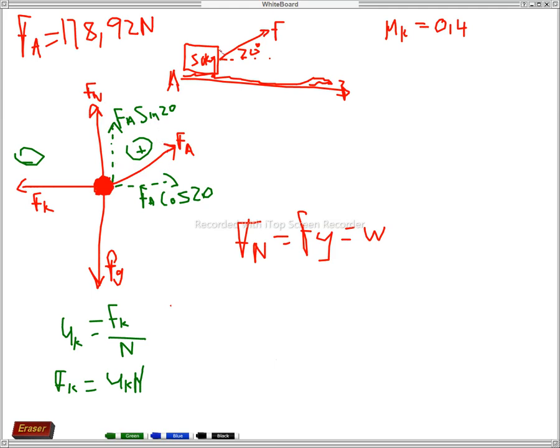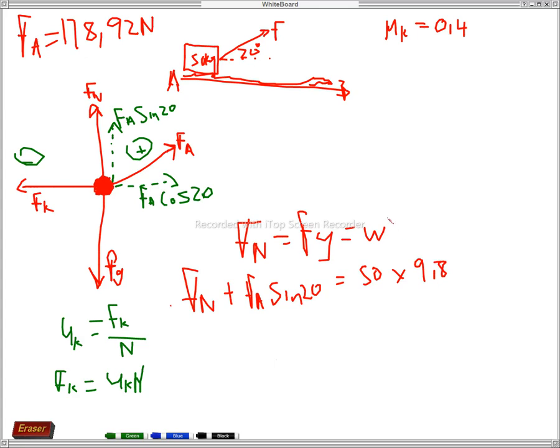Since the negative there affects everything in your system, you understand? So it's going to be the normal force plus FA sine 20 and plus 50 times 9.8, the gravitational force.